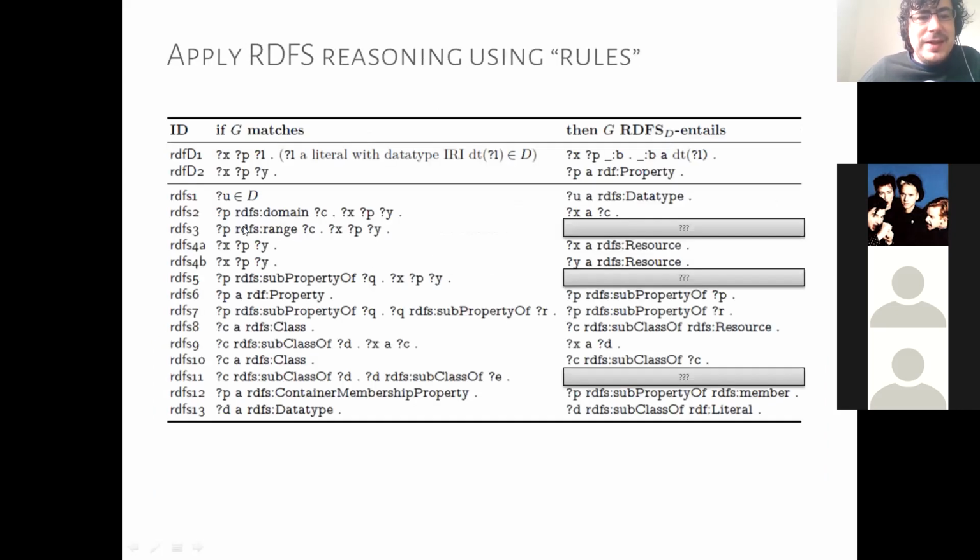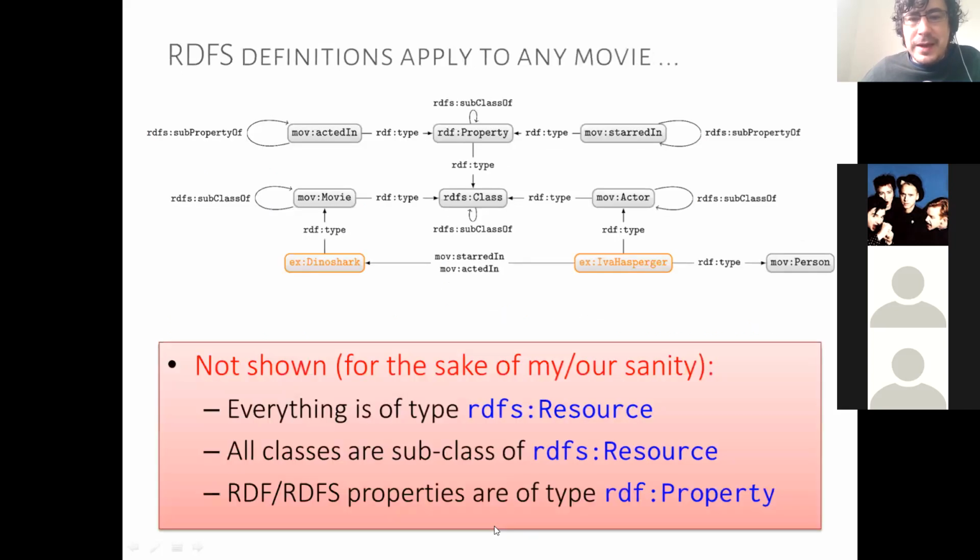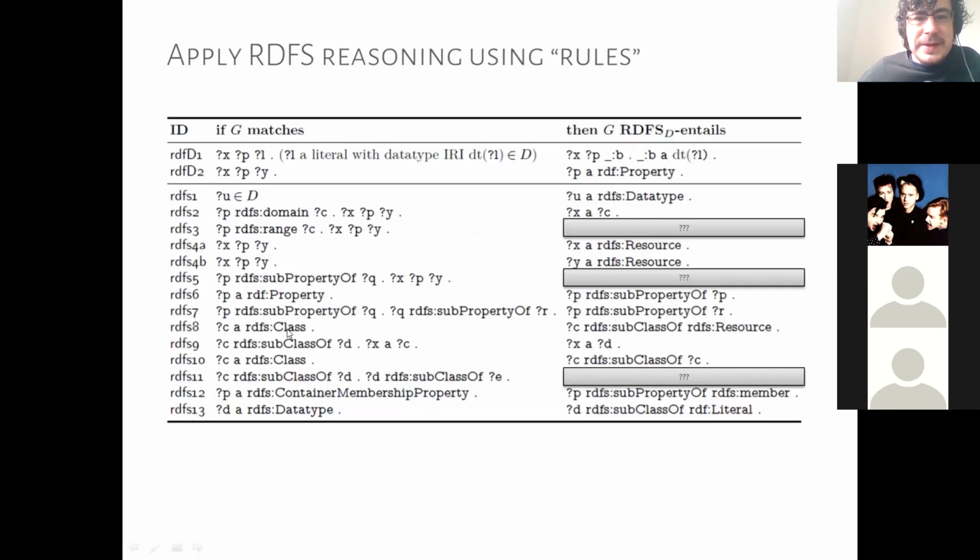So how do we actually apply this reasoning? Given an input, which is maybe some data in an RDF schema, how do we actually derive all of these conclusions? How do we write them all out? The simplest is to apply reasoning using rules. The difference is, at the start I said we're not going to use rules. We're going to use an RDF graph.